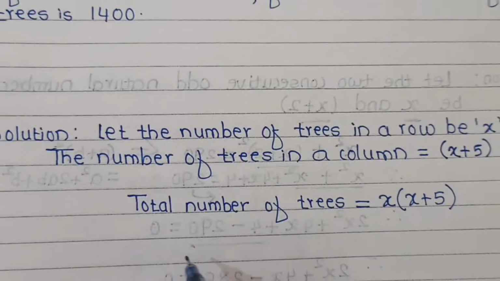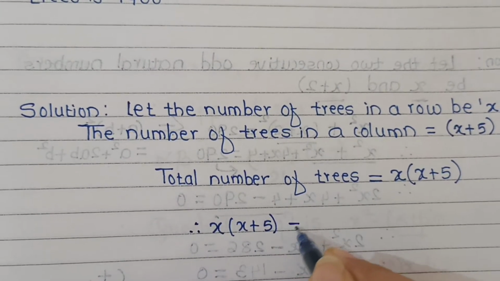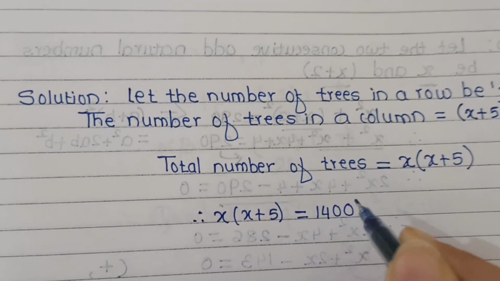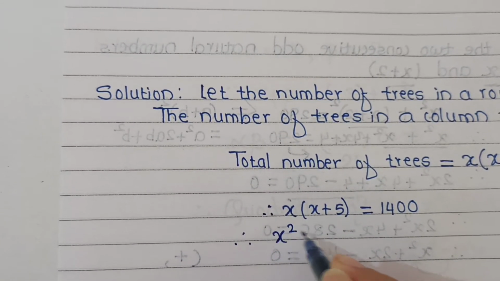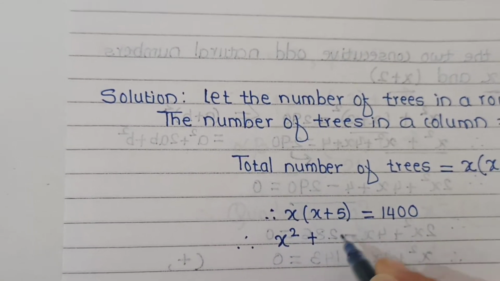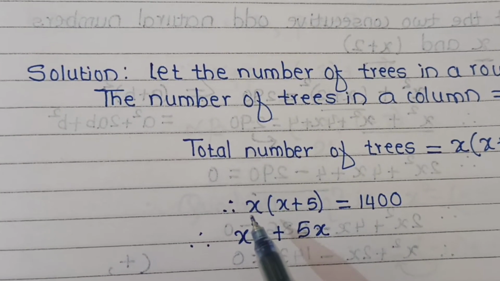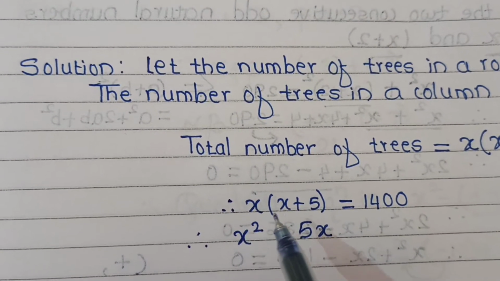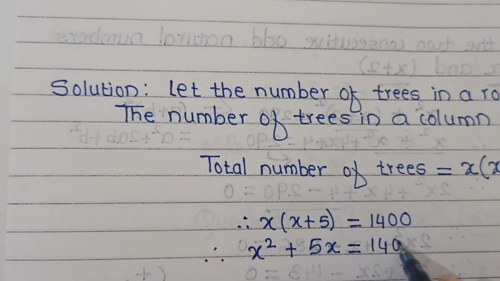So therefore we can write x(x plus 5) is equal to 1400. Let's solve this. X into x, x square, plus x into 5, 5x. Remember, you have to multiply the number outside the bracket with each number inside the bracket, is equal to 1400.